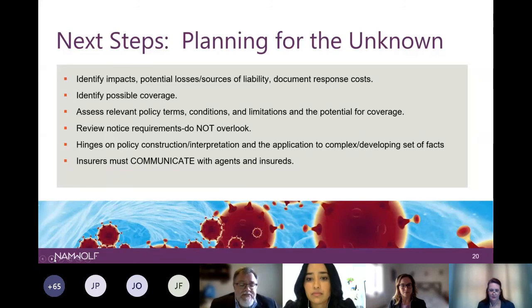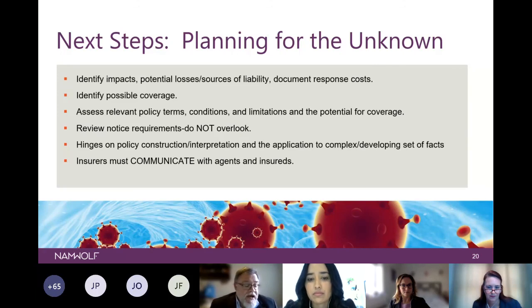It's important to pay attention to the policy terms and also, for any business, gather the information that it has, identify the impact, the potential losses, and document everything that's going on. And for some of these claims that are very complicated, such as a business interruption claim, they typically do require forensic accounting work on both sides of the issue to do the analysis. So these are going to be very fact-specific claims.